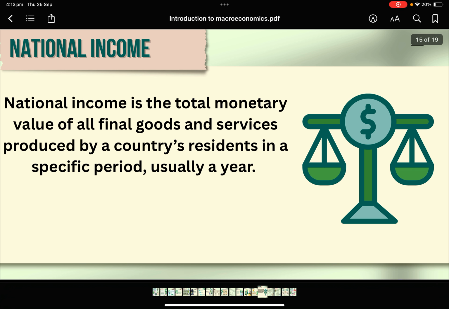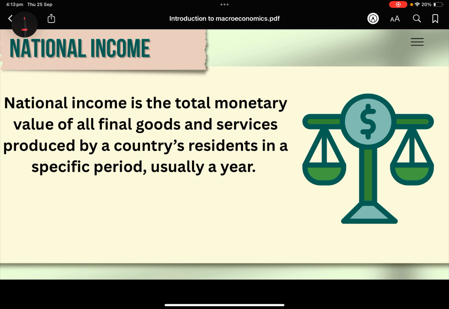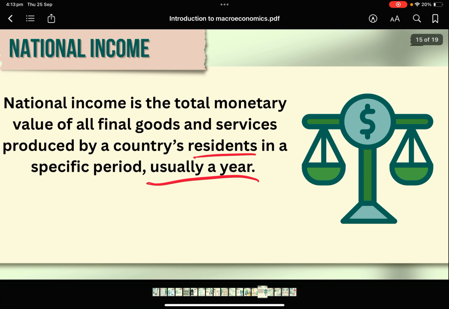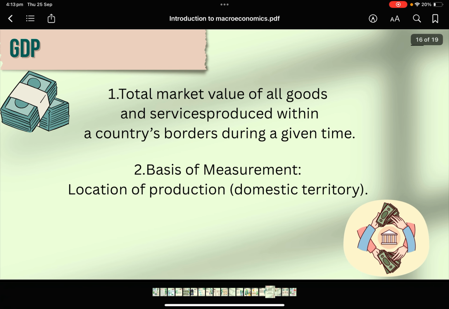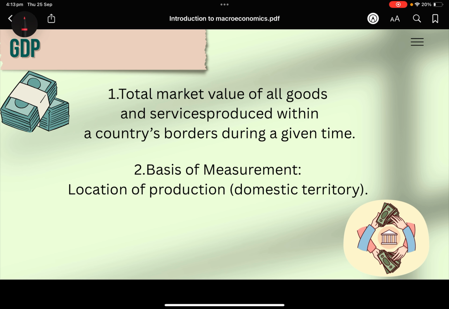Okay, the next slide is about national income. National income is the total monetary value of all final goods and services produced by a country's residents in a specific period, usually a year. Now we are in the very crucial part, that is GDP and GNP. So what is GDP?